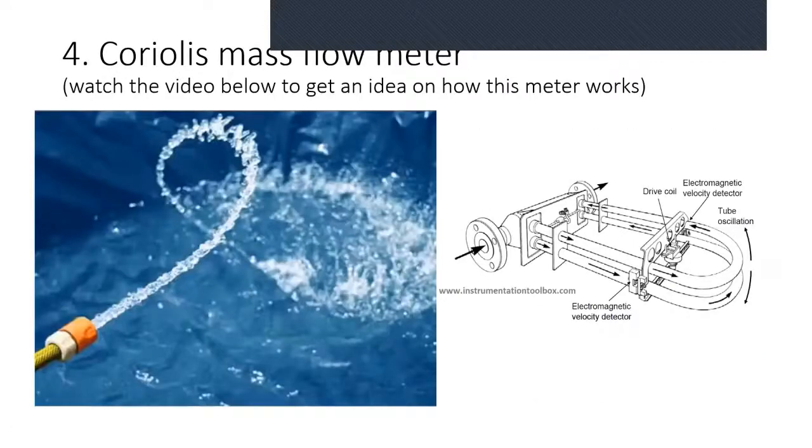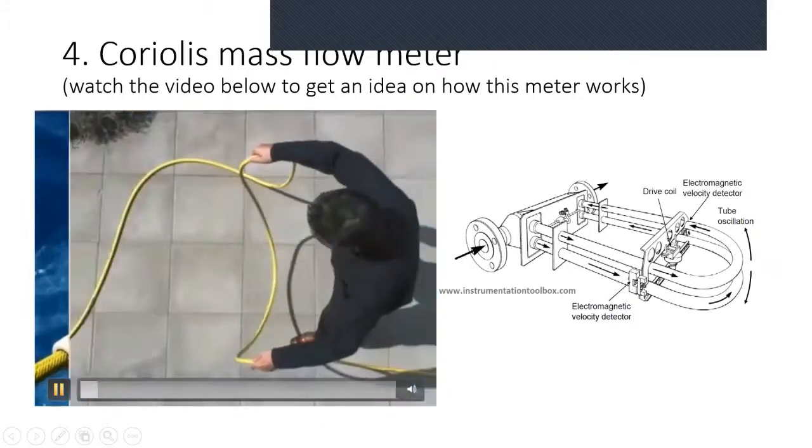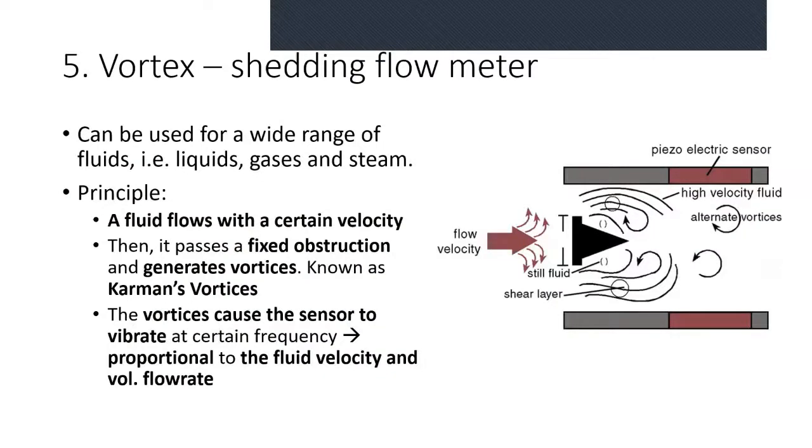This is the principle for the Coriolis mass flow meter. This is also a video. Have you ever witnessed this phenomenon, when a hose filled with water swings? That's also the concept for the Coriolis flow meter. And this is the vortex shedding flow meter.